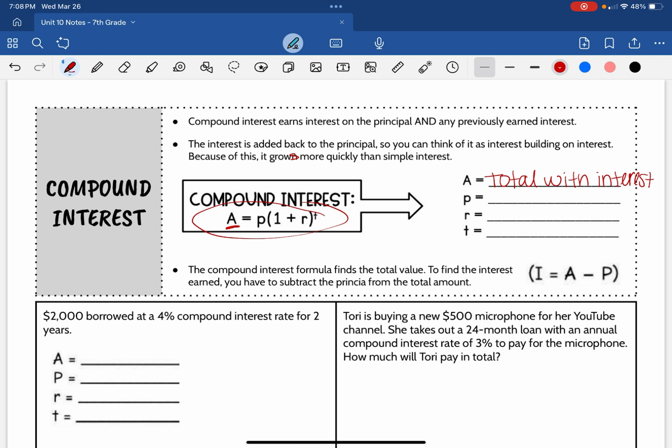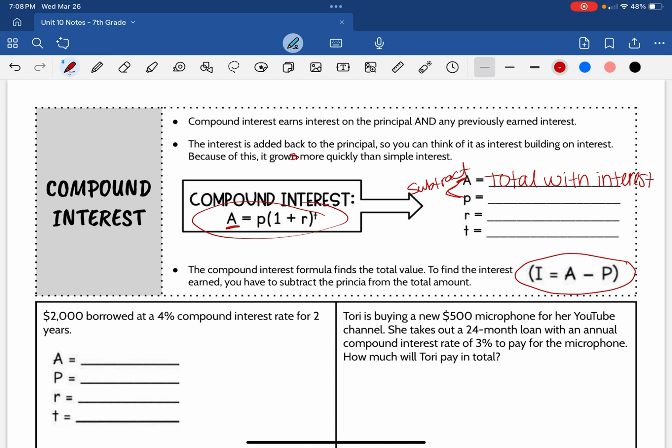If you see down here, it says a compound interest formula finds the total value. That's this. That's the total value. To find the interest earned, you have to subtract the principal from the total amount. So to find the interest, you would just take these two numbers and subtract them to get interest. And we'll do some practice so you can understand that.